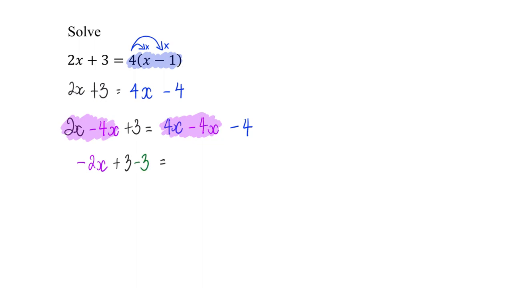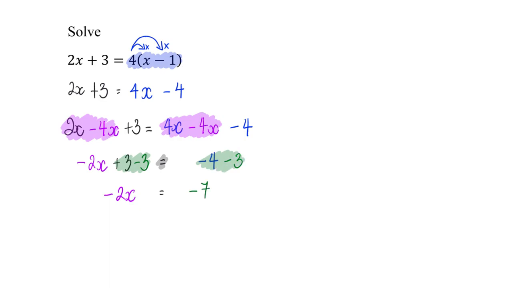But if we do that, then at the other side, I must also do the same thing so that we can still ensure the equality, their equivalent expression on both sides, okay? And why does Mr. Tan do that? Because 3 minus 3 will give me 0, and I'm left with -2x here. As for the other side, -4 minus 3 will give me -7.